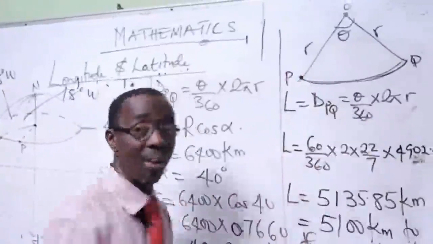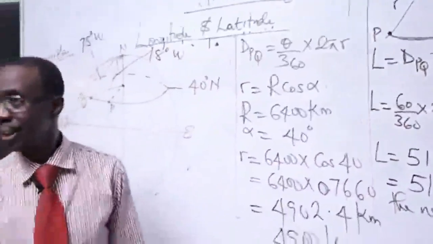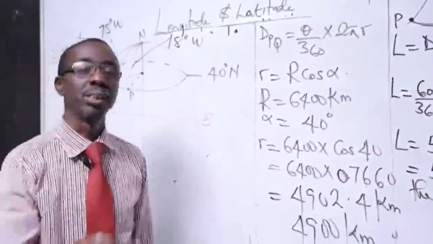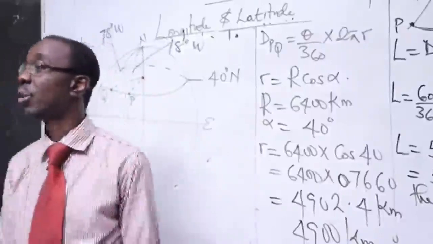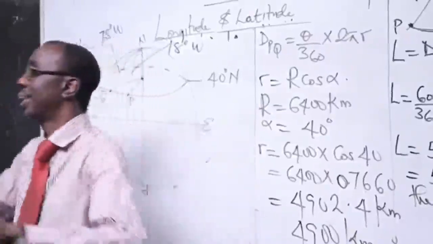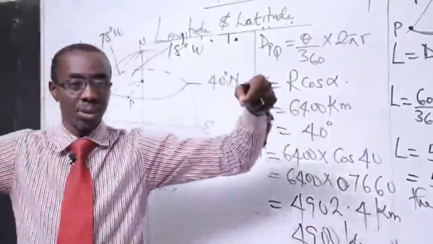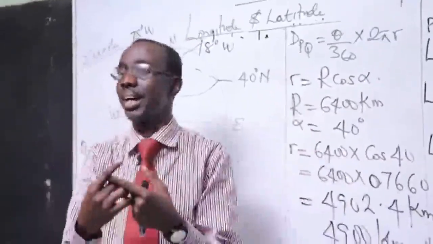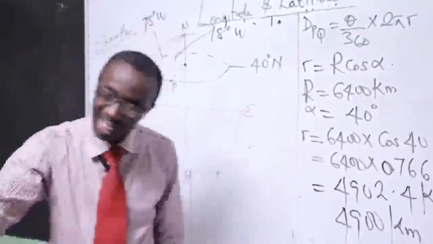There's a difference between a chord and a what? An arc. An arc is what? A part of a circle. Yes or no? Yes, so it is like you are taking 2 points out on a circle. Obviously, that is an arc. But a chord is what? It's a straight line.